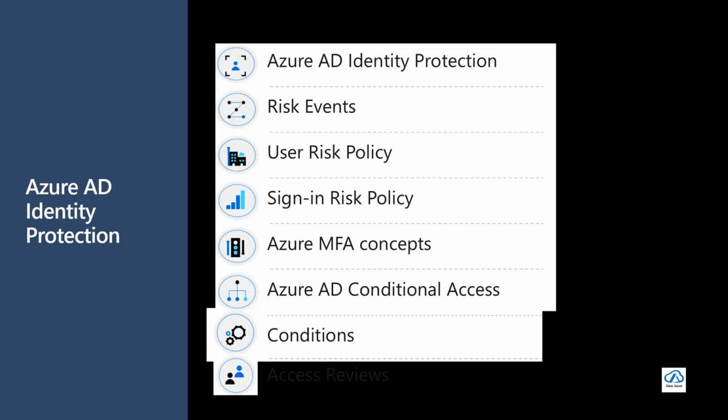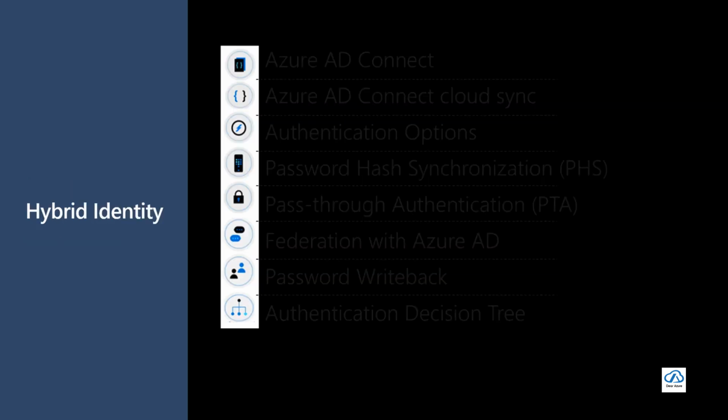All right, so let's talk about the hybrid identity world. When it comes to hybrid identity, you get a few options as to what exactly you can choose. From a hybrid identity perspective, would you go for a password hash sync? Would you not go for a password hash sync? And how would you go about it?